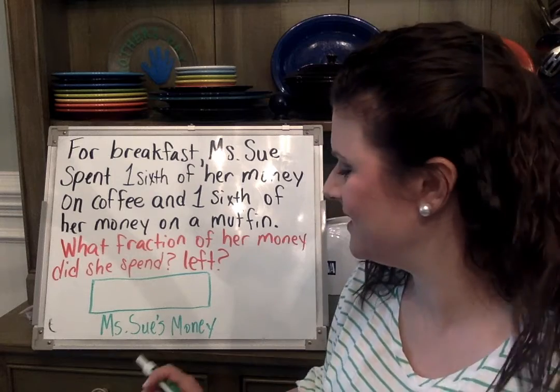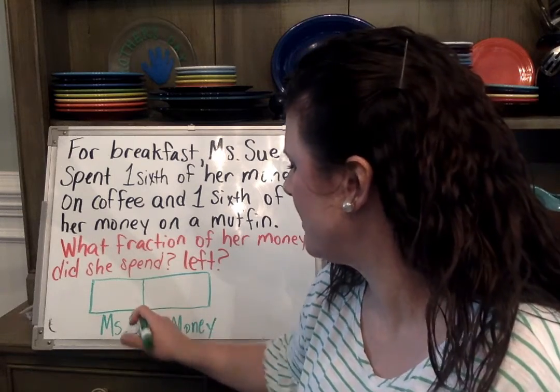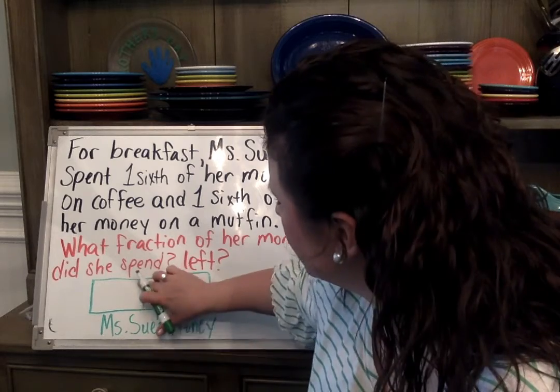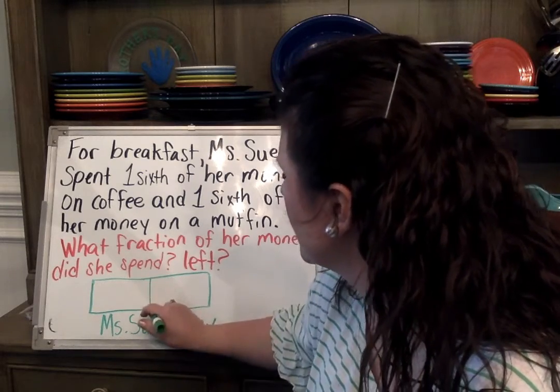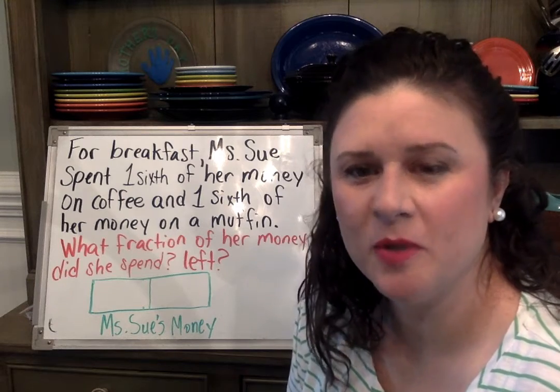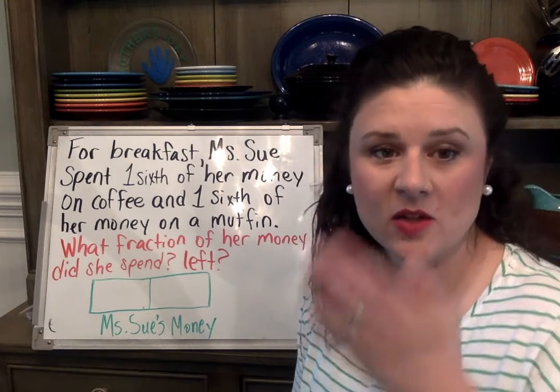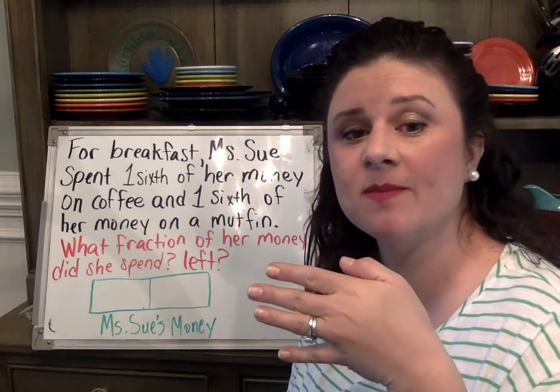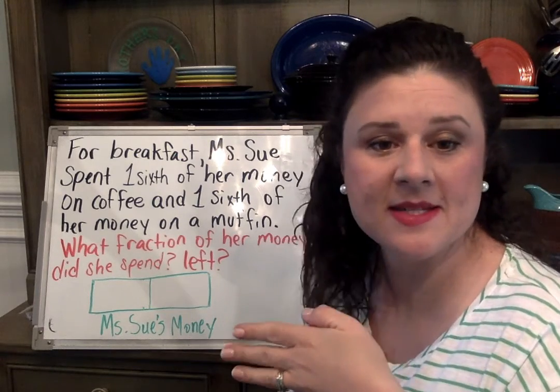Could I divide it into half? Is that going to help me? Half is really not going to help you here. It is a good landmark starting point, though, to divide this tape diagram into pieces.